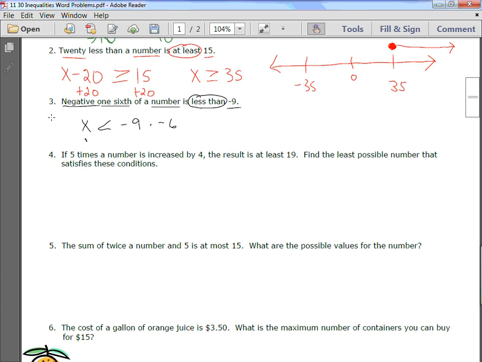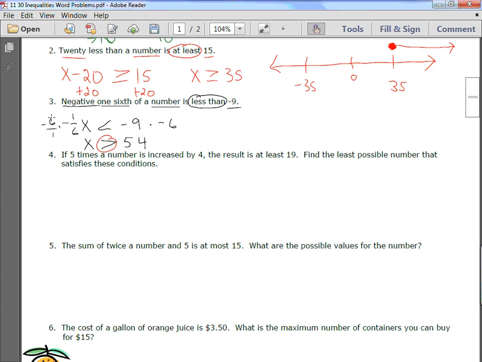and because I multiplied by -6, it actually changed the sign. And now it's a -9 times a -6, which is a +54. But because I multiplied by -6/1, that actually changed my inequality from a less than to a greater than, only because it was negative on the coefficient.